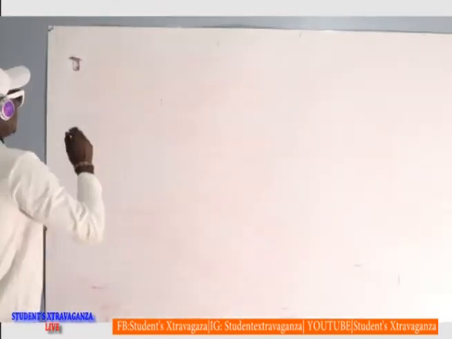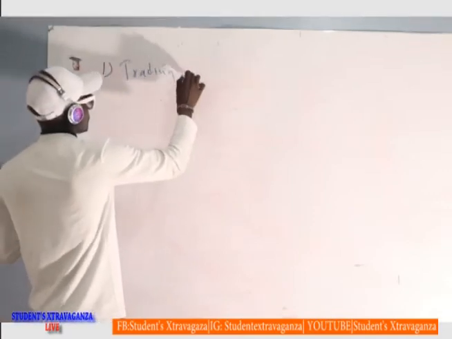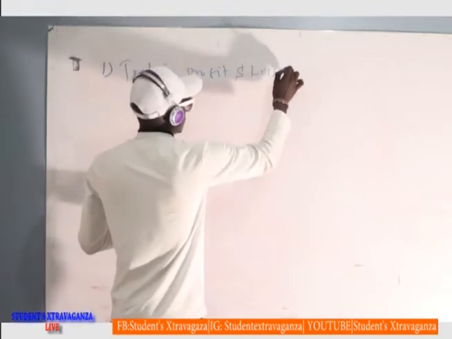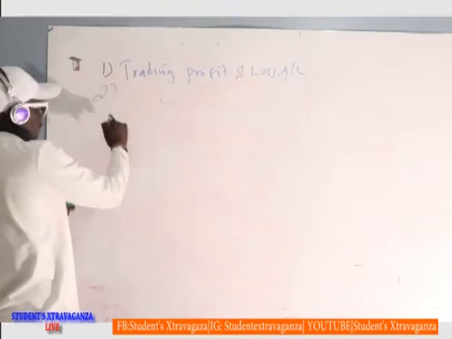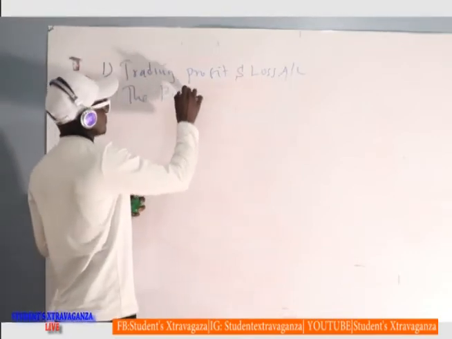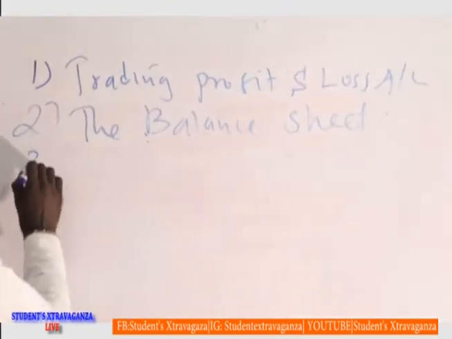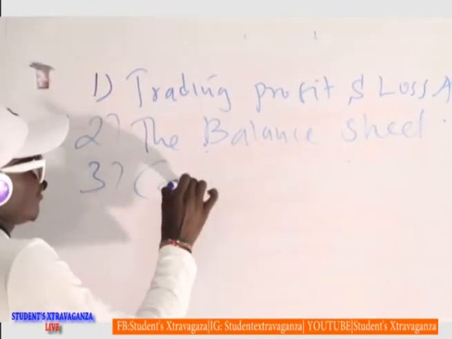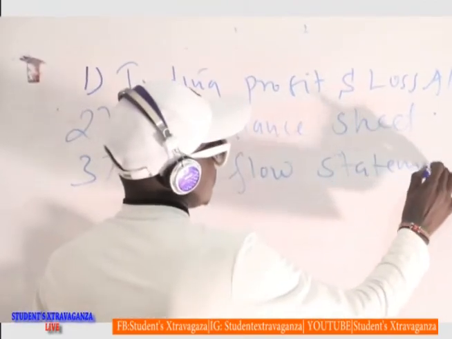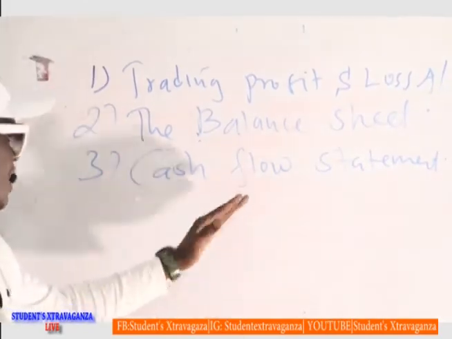We have prepared the trading profit and loss account. Then the second financial statement, we have prepared the balance sheet. Then number 3 is the cash flow statement, the next statement that we are to prepare.